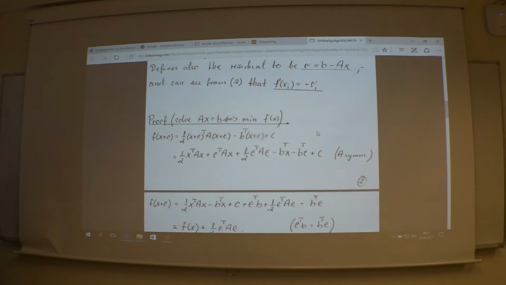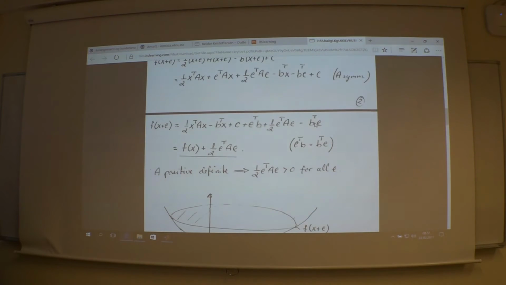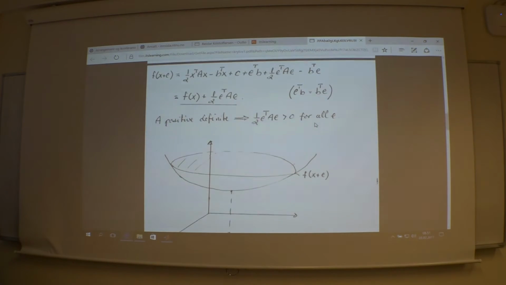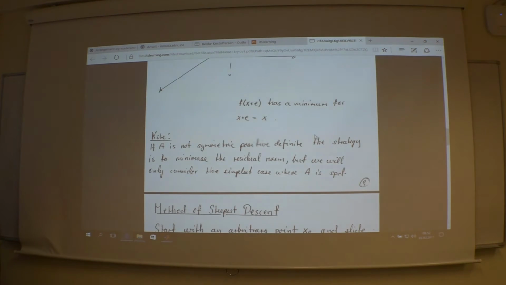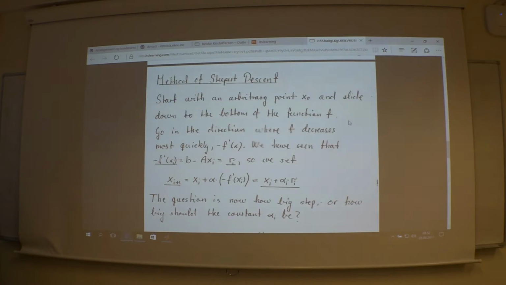It's actually possible to prove it, but it's a little bit tedious math, so we won't go through all this. So yes, we are seeking a minimum where our function f has its minimum, where all the derivatives are 0. So the first try, the method of steepest descent.